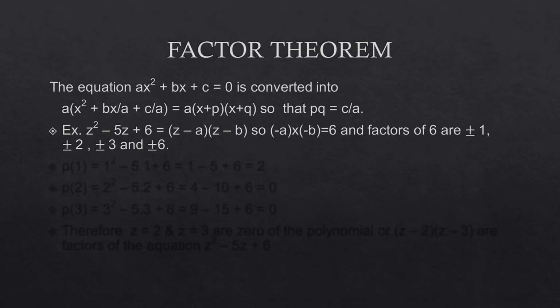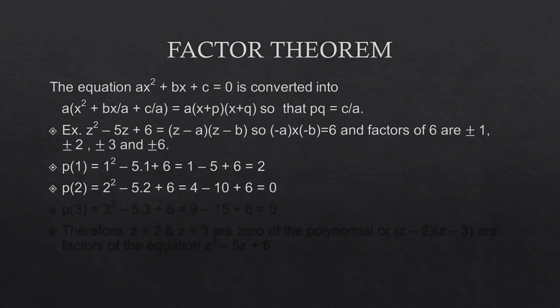Now if we put the factors one by one, if we put z is equal to 1, we get 1 squared minus 5 into 1 plus 6, which is equal to 1 minus 5 plus 6, which is equal to 2. If we put z is equal to 2, we get 2 squared minus 5 into 2 plus 6, which is equal to 4 minus 10 plus 6, which is equal to 0.